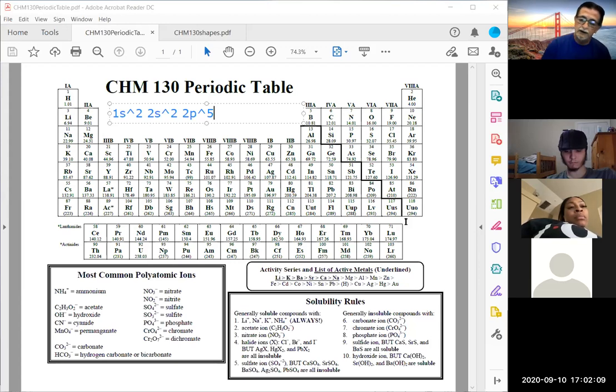Now, if I gain an electron, what do you think happens to the overall charge of, let's say, fluorine? The fluorine element is neutral. It has 9 protons, 9 electrons. Okay? 9 protons, 9 electrons. What's my net charge for the element? 0, right?